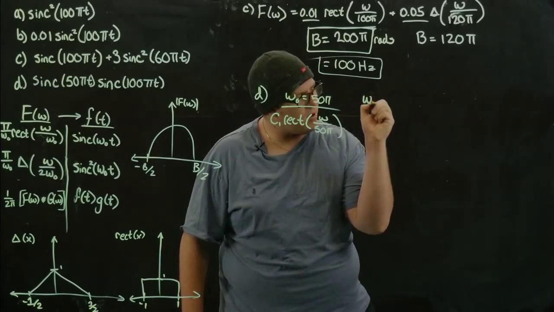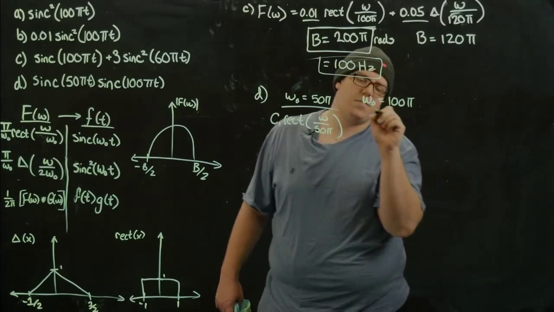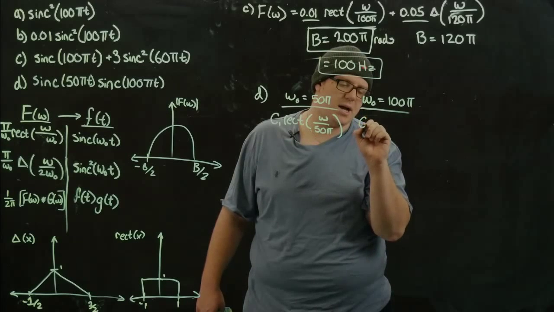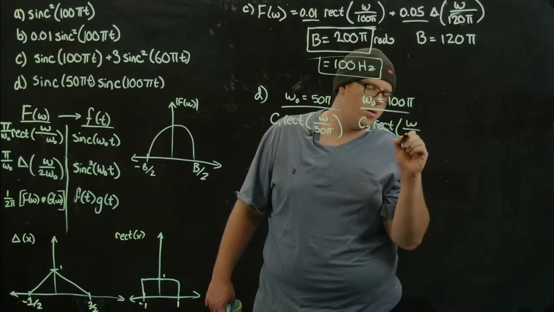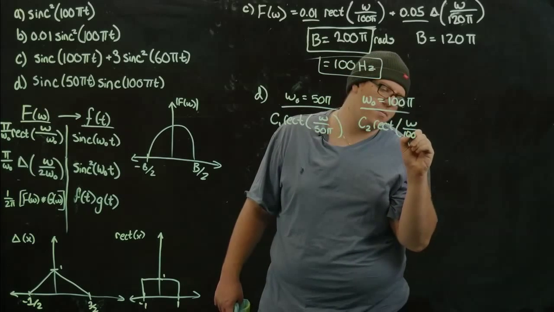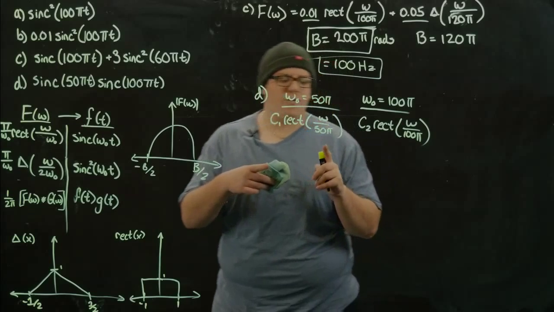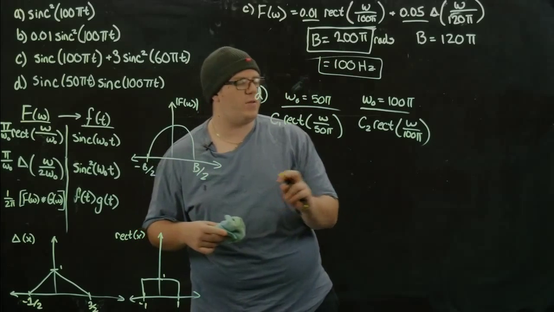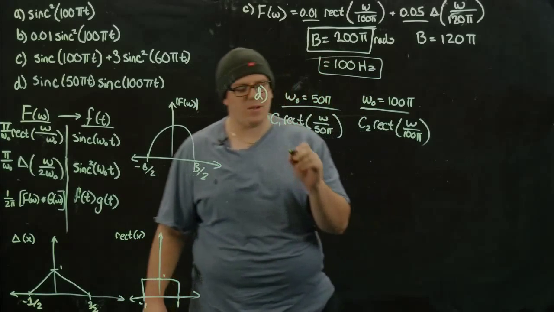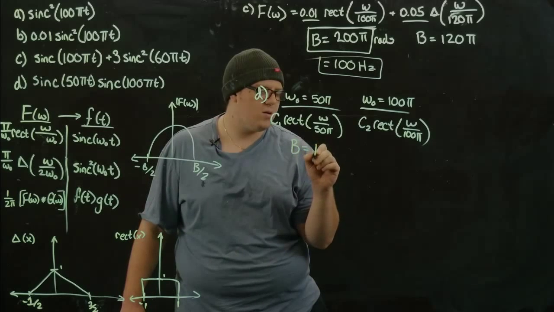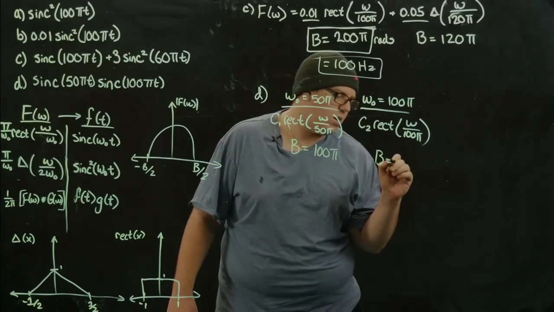If we take omega 0 equal to 100 pi, we get some constant times the rectangle of omega over 100 pi. So these two functions are going to go from positive 50 pi to negative 50 pi, and then positive 100 pi to negative 100 pi. That means the bandwidth here is 100 pi, and the bandwidth here is 200 pi.